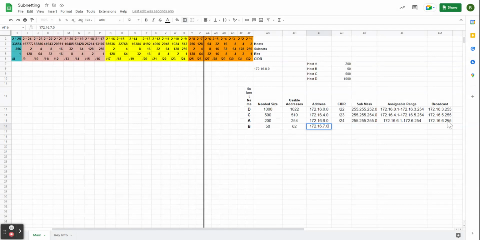172.16.7.0 is our address. So again, one after this. Our CIDR notation is /26. So the mask, when we're adding these two numbers together, is .192 at the end.